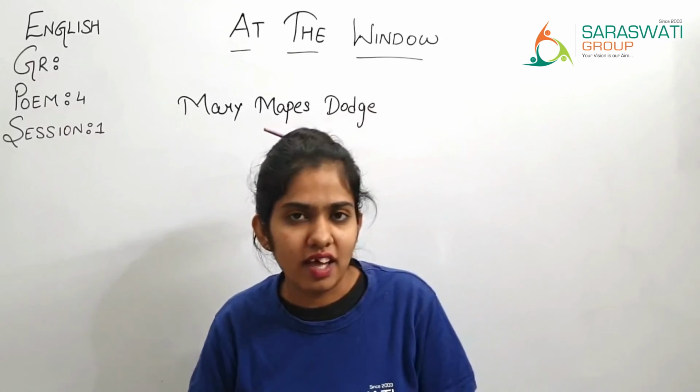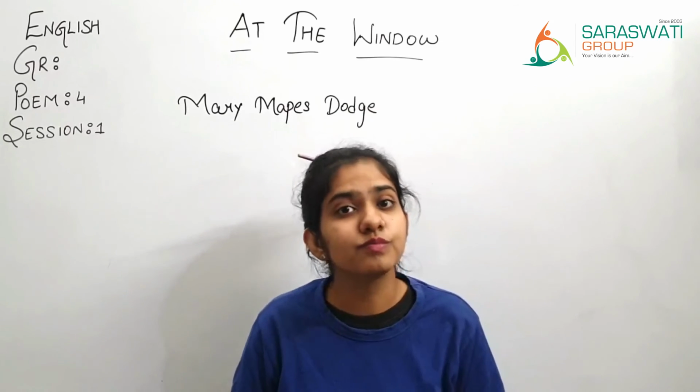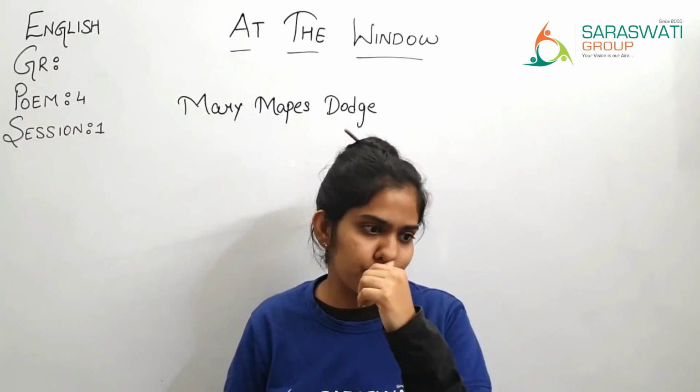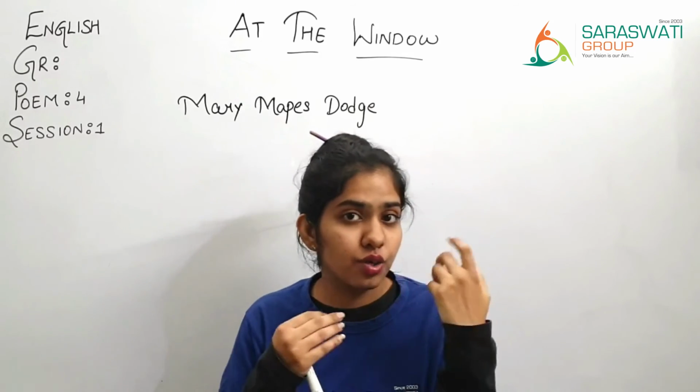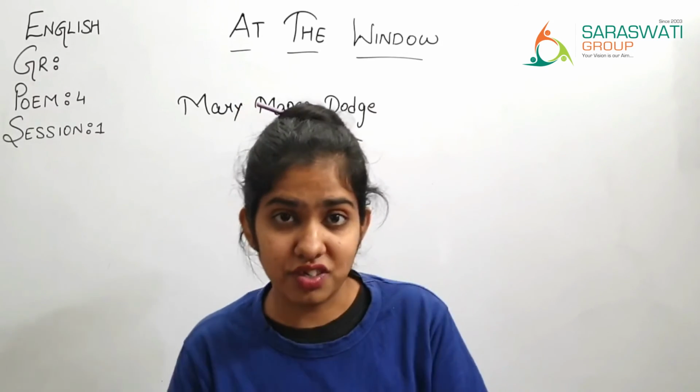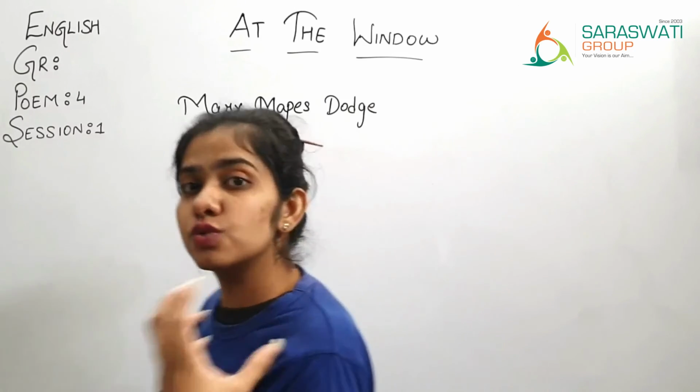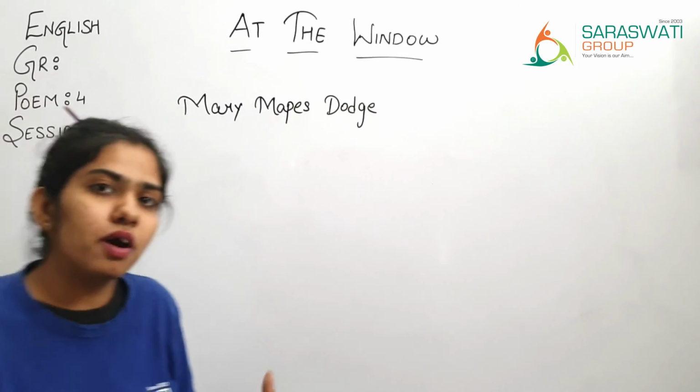So what we have learned, we have understood the poem, then vocabulary. The poem is very simple, that the moon is just moving in and out of the clouds, right? And the poet is wondering what the moon is doing over there. The poet wants to know about that thing.